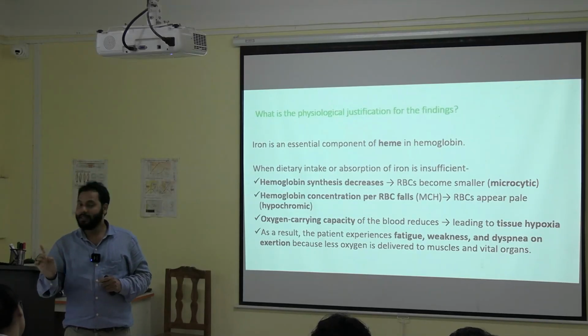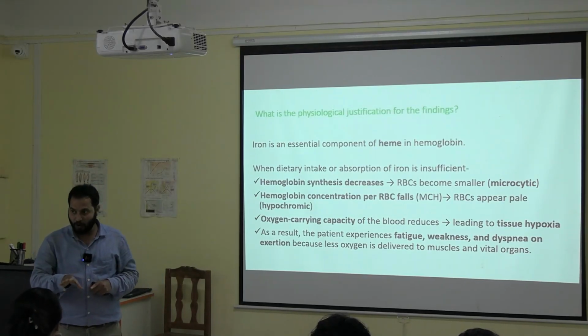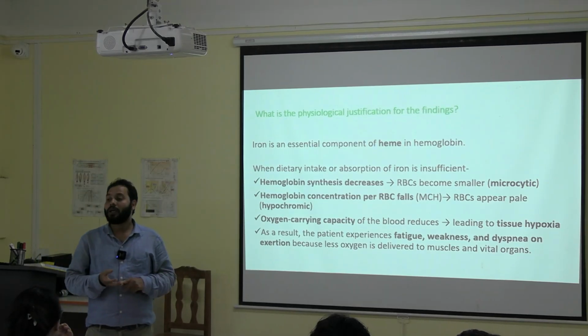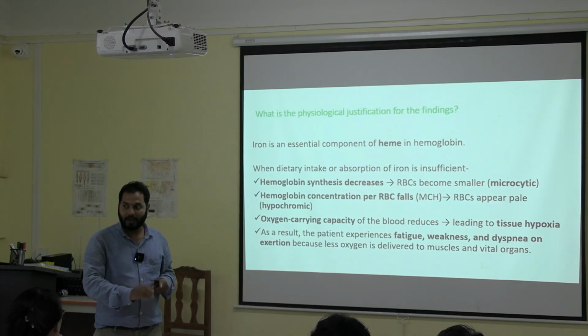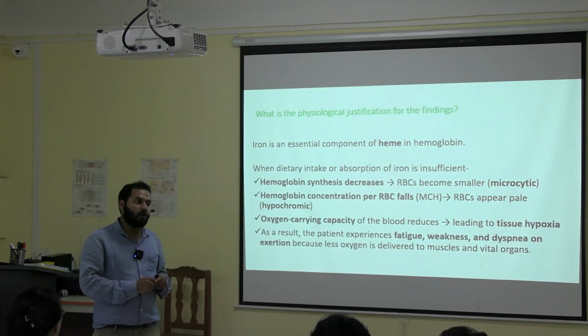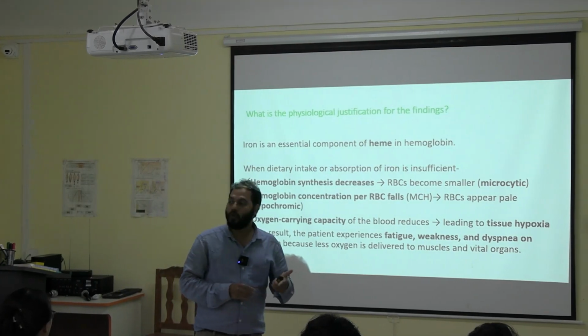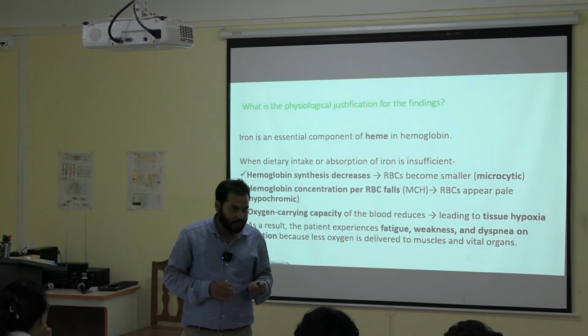But in this particular case, the subject has less hemoglobin. So what will happen because of less hemoglobin? The oxygen carrying capacity of the blood will be less, right? So with reduced oxygen carrying capacity, the tissues will suffer from oxygen deprivation.